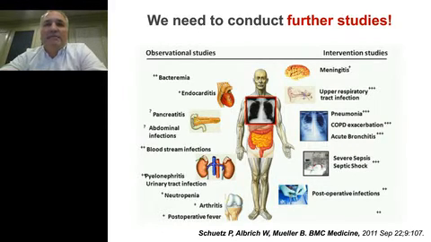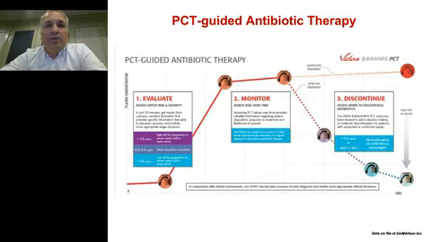So to conclude, I think PCT is a very helpful marker in the management of patients and particularly for antibiotic stewardship. It helps us in the initial evaluation, particularly to rule out infection in low-risk patients and also to establish the diagnosis of sepsis.